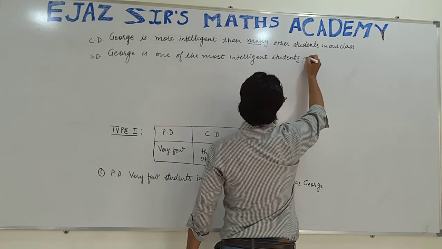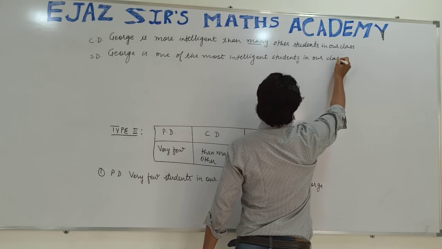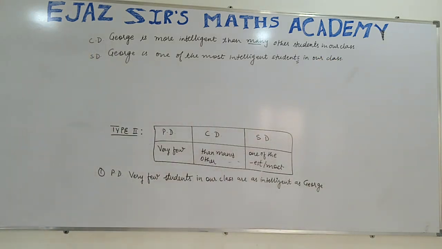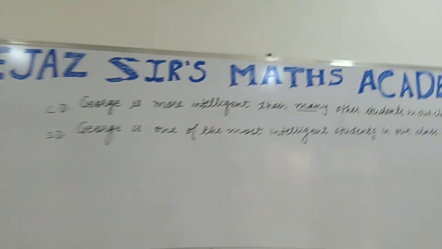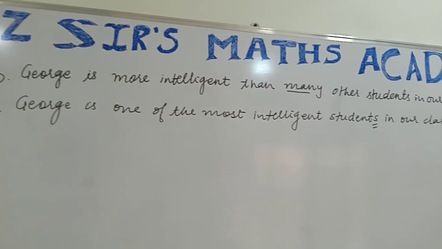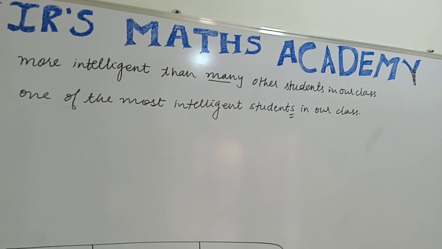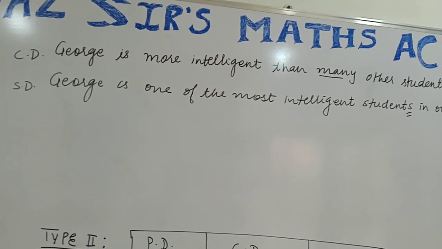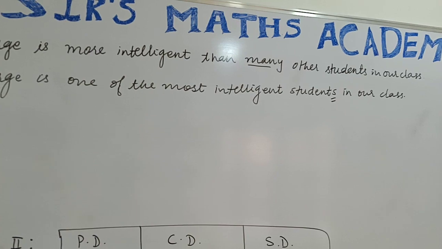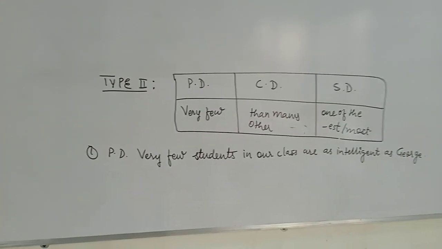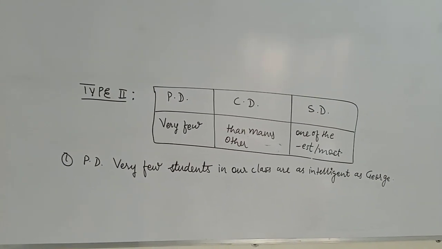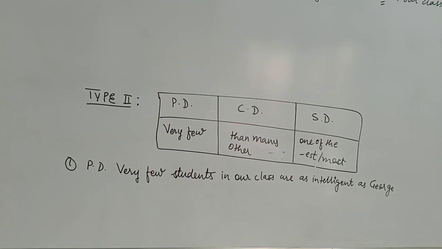George is one of the most intelligent students in our class. George is one of the most intelligent students in our class. Are you all able to see things clearly? It's George is more intelligent than many other students in our class. George is one of the most intelligent students in our class. And the positive degree was very few students in our class are as intelligent as George.